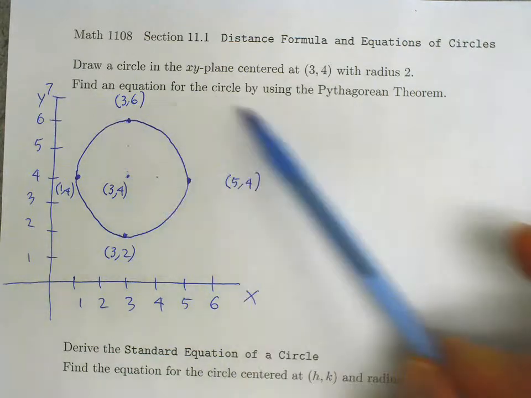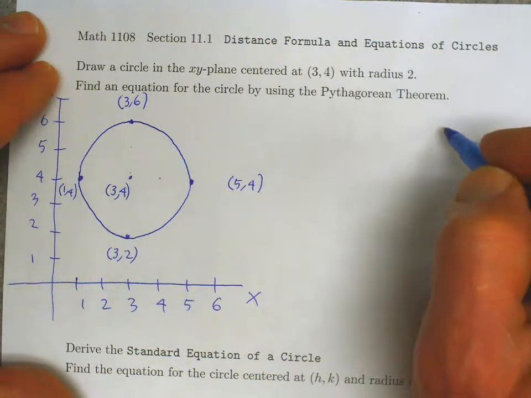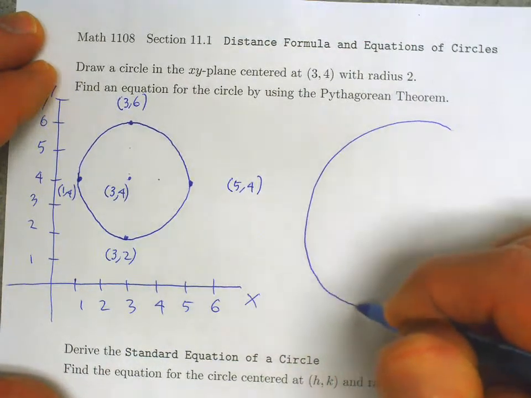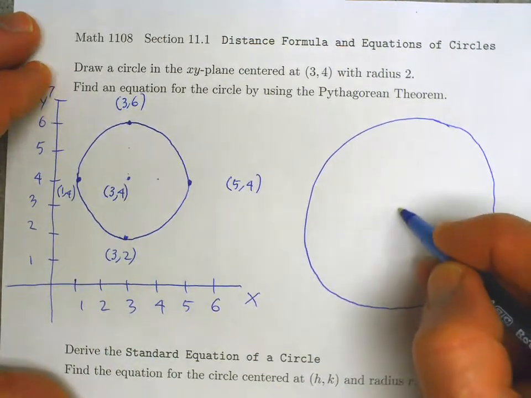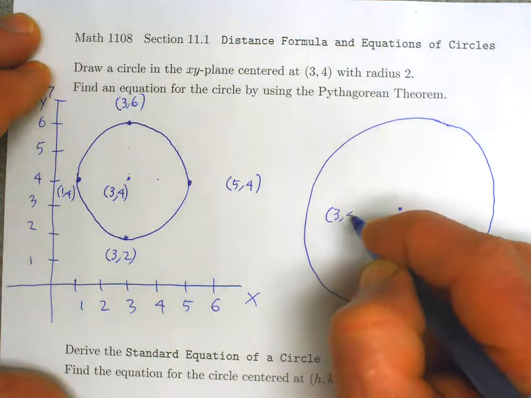Okay, it says find an equation for that circle using the Pythagorean theorem. Well, I'm going to draw a bigger circle for that part so that we can see a little bit better what's going on. So the center is the ordered pair 3, 4.